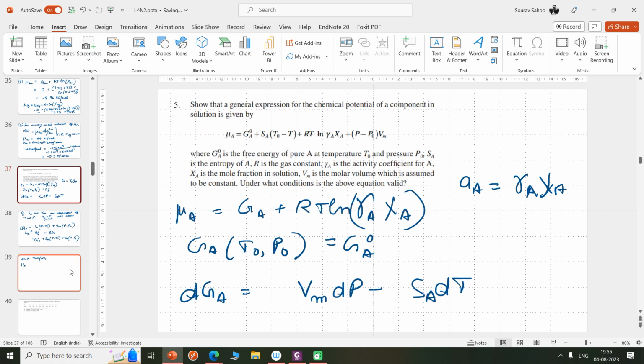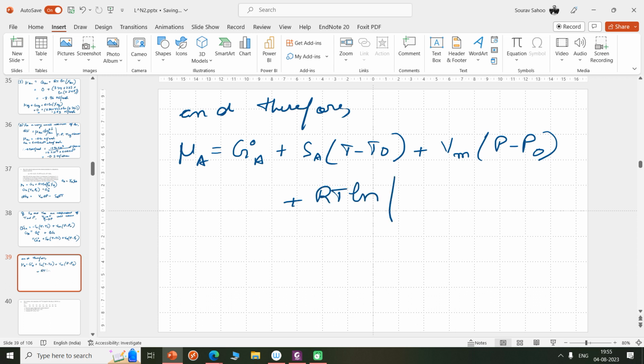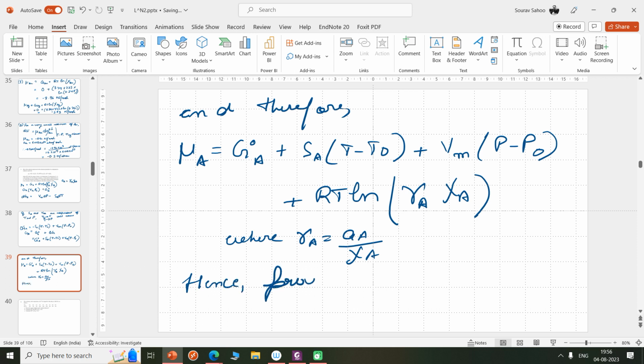So mu A is equal to G A, using the expansion, which is this, plus RT ln gamma A chi A. Then this is the activity of A, gamma times chi. So this is what we have been asked to prove, and we have proved that.